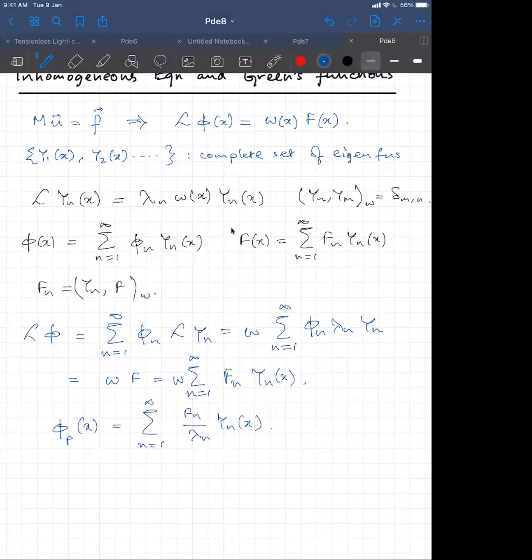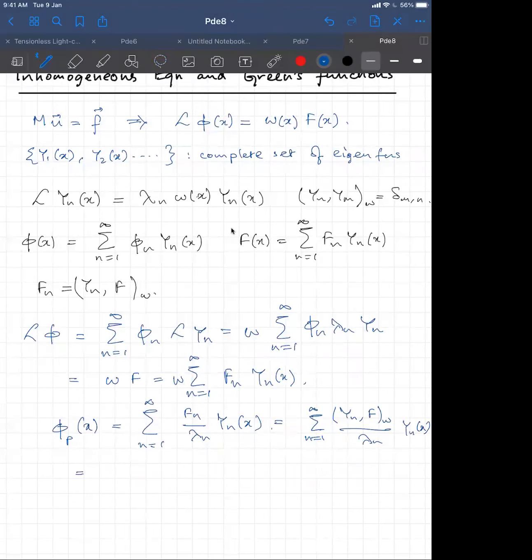So this is the summation n equal to 1 to infinity of the inner product of yn with f, with the weight w, divided by lambda n, into yn of x.